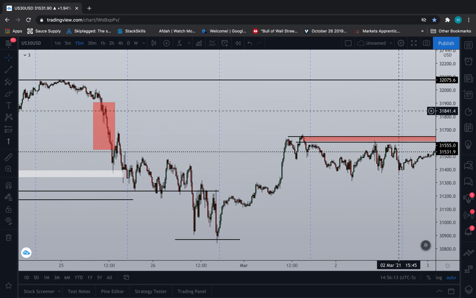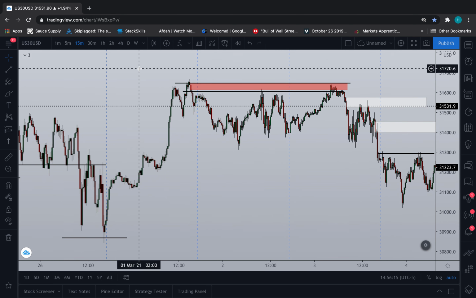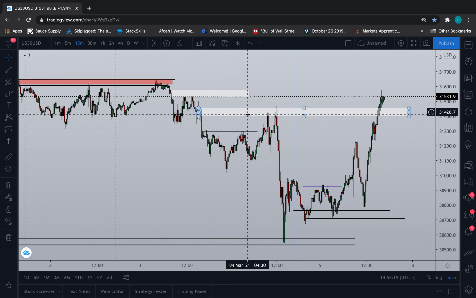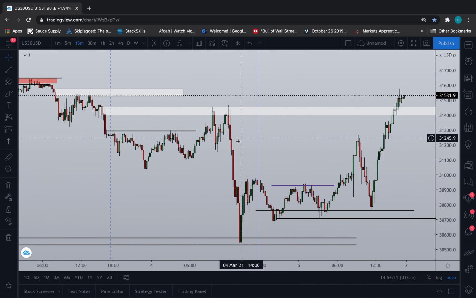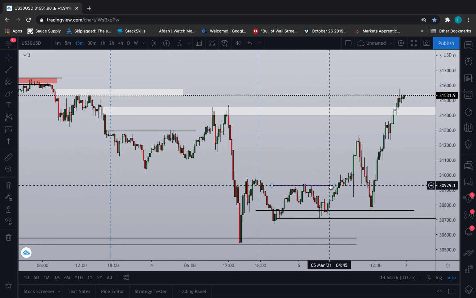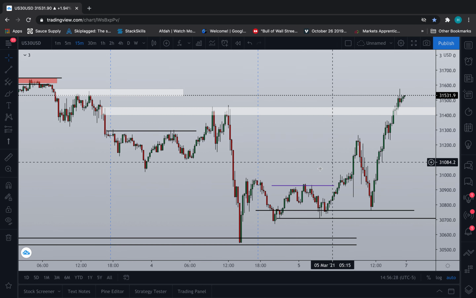In this case, we are looking at US30, aka the Dow Jones. So here's an example of price showing us that it is ready to continue higher to create higher highs.